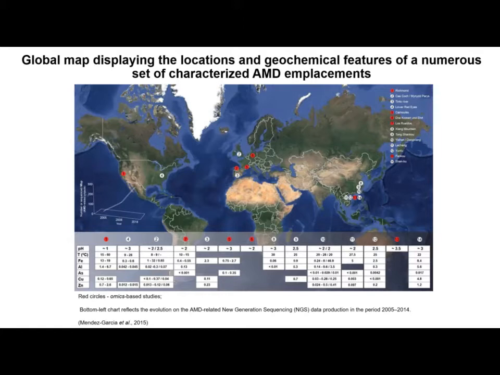Probably this site located on Anglesey is the most characterized with the lowest temperature. You could also see from this table that these emplacements have very high concentrations of heavy metals.